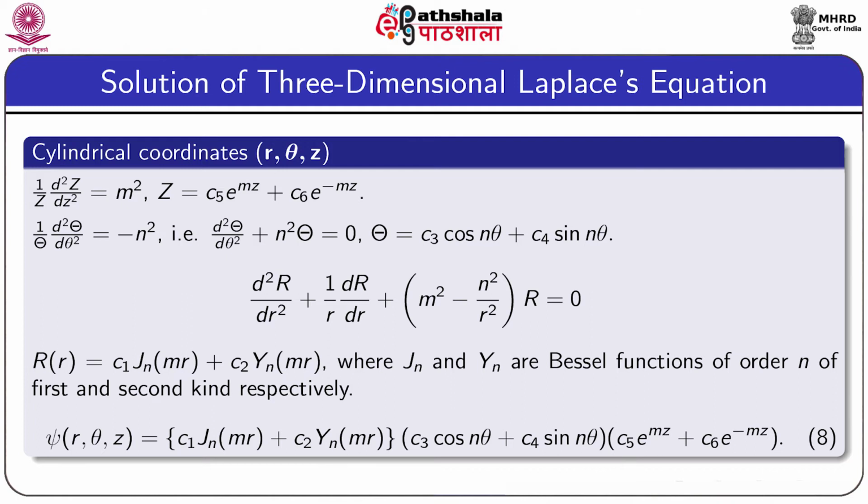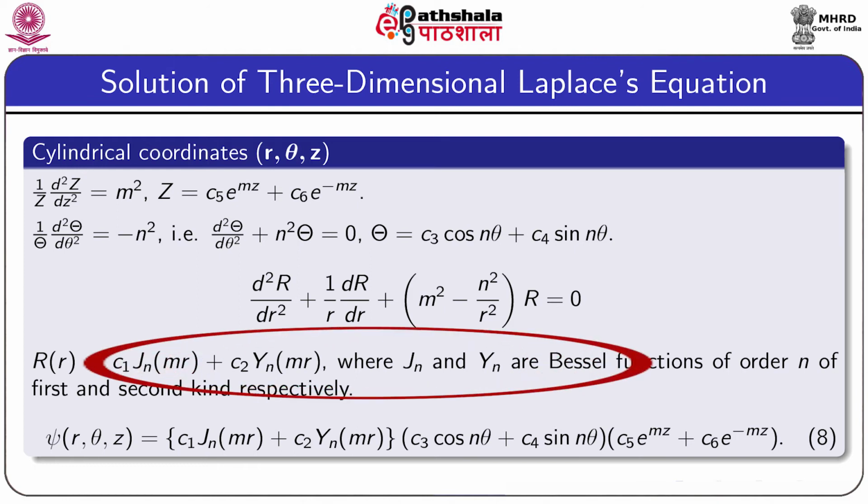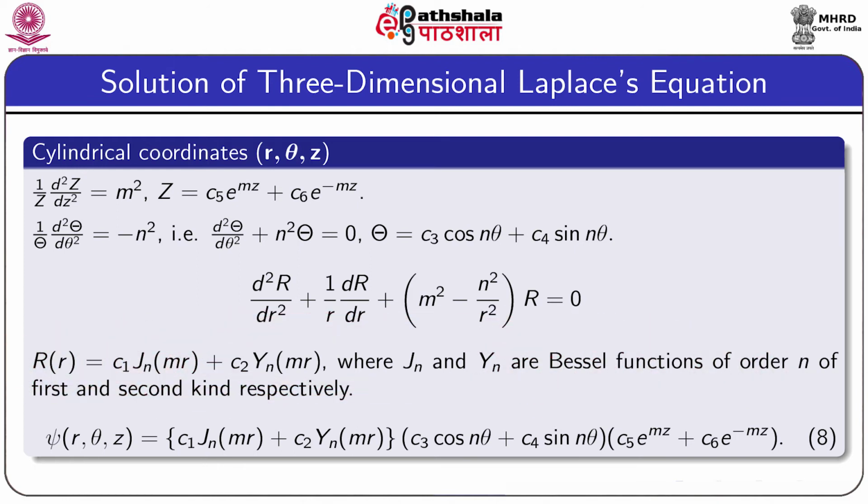And this is a very famous equation, known as Bessel's differential equation, and we know that the solution of Bessel's differential equation is the Bessel function. So, the solution is written as capital R equals C1 J_n(mr) plus C2 Y_n(mr), where J_n and Y_n are Bessel functions of order n and of first and second kind respectively.